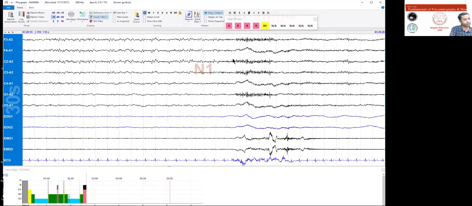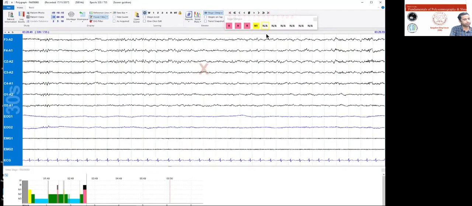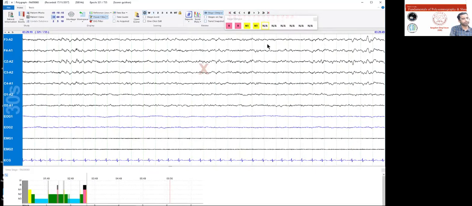Here this is low amplitude frequency, and there are no K complexes, so N1. Okay. So this is kind of slow wave activity.